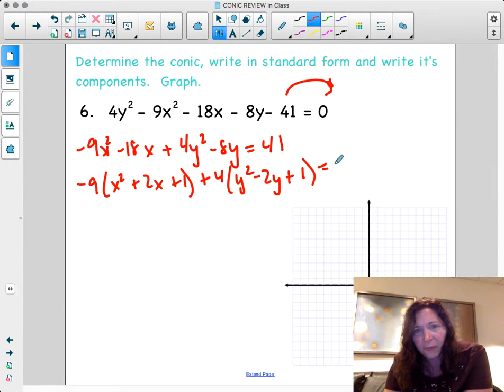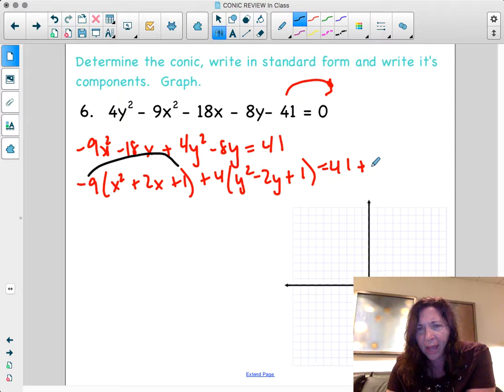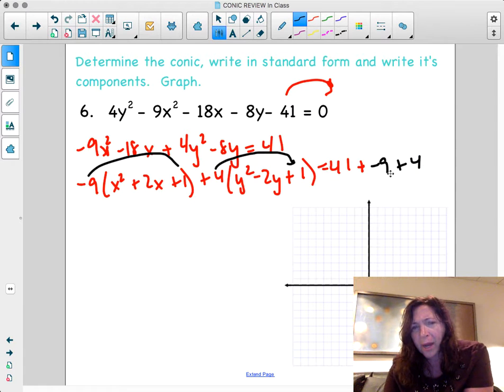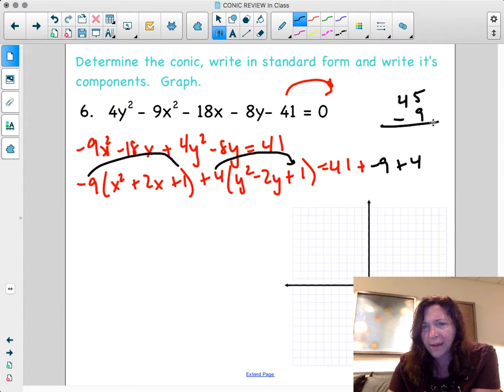Then I'm going to get 41, and I'm going to add negative 9 times 1, so I'm going to add negative 9. And then 4 times 1, which is 4, so I'm going to add 4. So what I have here is 41 plus 4 is 45. And if I subtract 9, that's going to be 36.